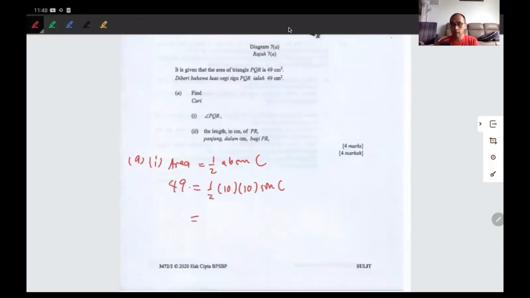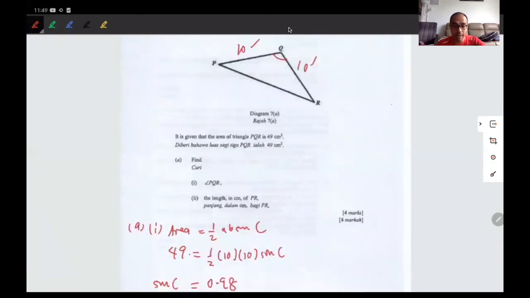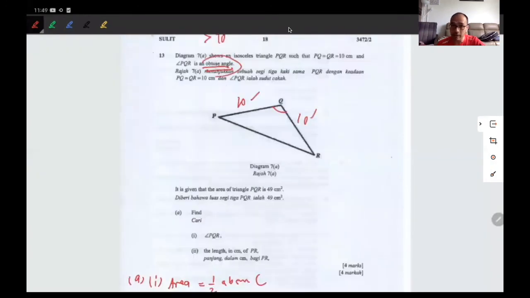So 49 times 2 divided by 10 divided by 10, you will get sine C equals to 0.98 and C equals to 78.5217 degrees. But that's not the answer, because this angle is an obtuse angle.